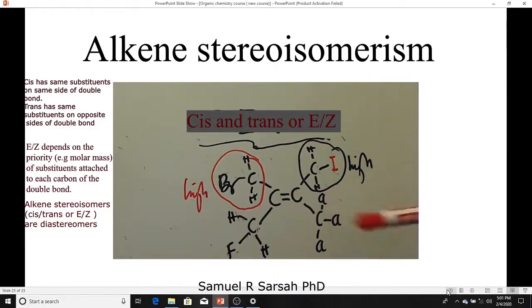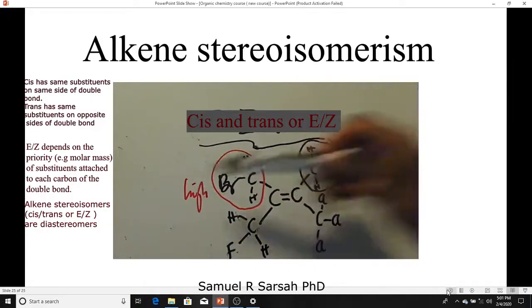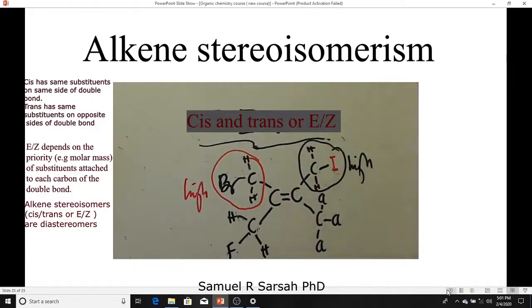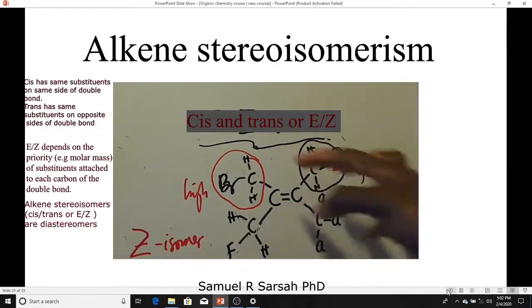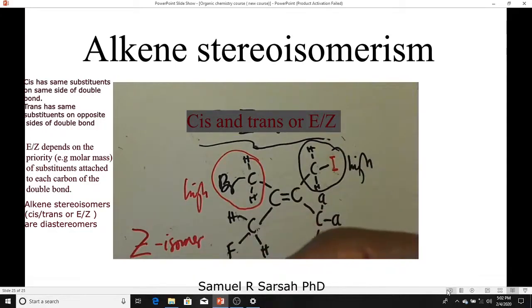Here we have 3 chlorines, but the iodine, since it is bonded to this carbon, this group will take the priority. So now we have high priorities on the same side of the double bond. That means that this is a Z isomer. They are on the same side of the double bond. So that's the easy system of naming alkene isomers.